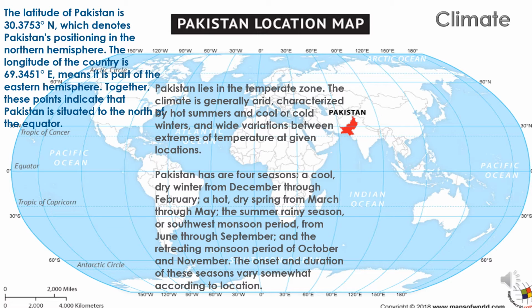Pakistan lies in the temperate zone. The climate is generally arid, characterized by hot summers and cool or cold winters, and wide variations between extremes of temperature at given locations. Pakistan has 4 seasons. The onset and duration of these seasons vary somewhat according to its location.